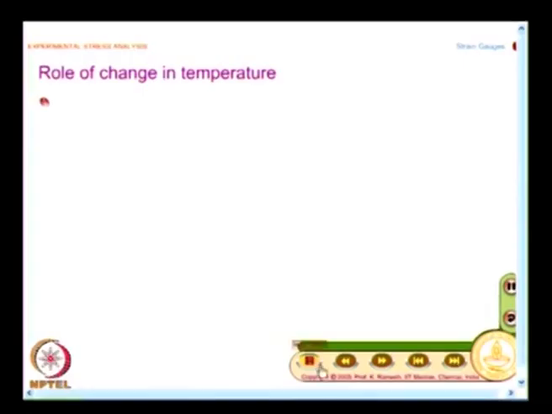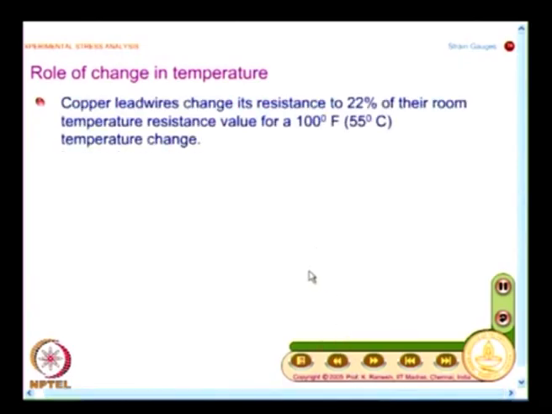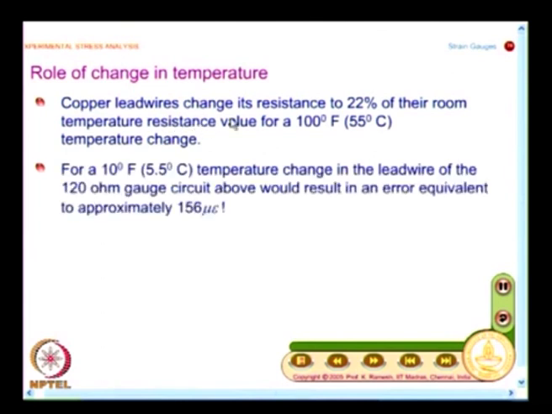So, we will also have to look at temperature change. We will see how the temperature change influences. And it is noted that copper lead wire changes its resistance by 22% of the room temperature resistance for a 55 degree centigrade temperature change.